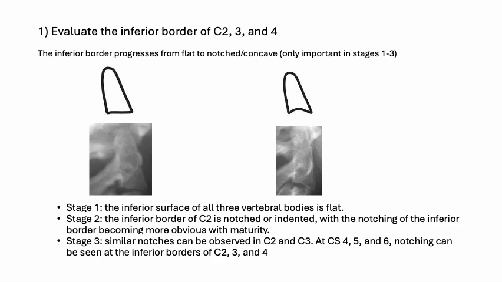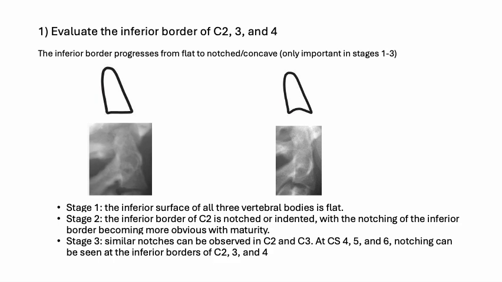In stage 1, the inferior surface of all 3 of the vertebral bodies is flat or slightly convex. In stage 2, the inferior border of C2 will start to develop a notch or an indentation or a concavity. And C3 and C4 will remain flat or perhaps slightly convex.